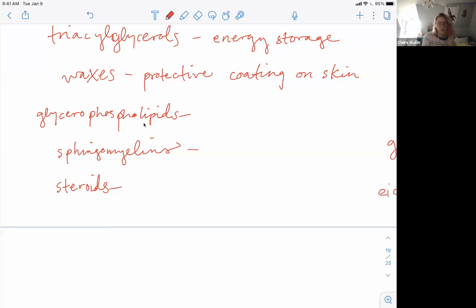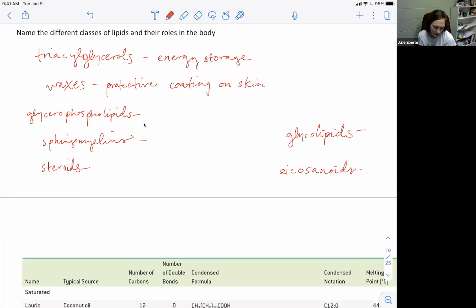Don't they regulate flow in the cell membrane? They're one of the main components in the bilayer, so they regulate the flow of molecules into and out of the cell. Okay. Sphingomyelins.